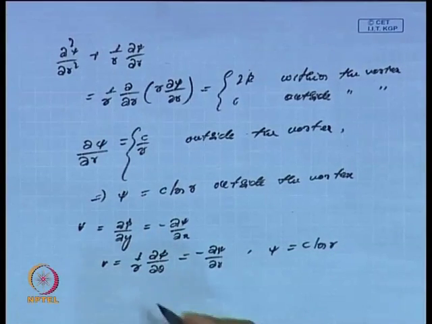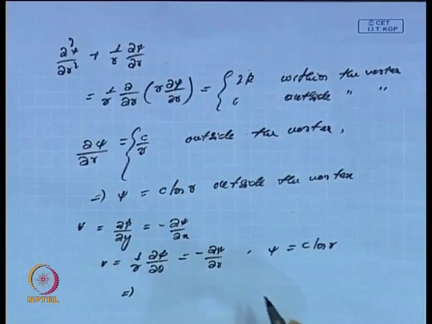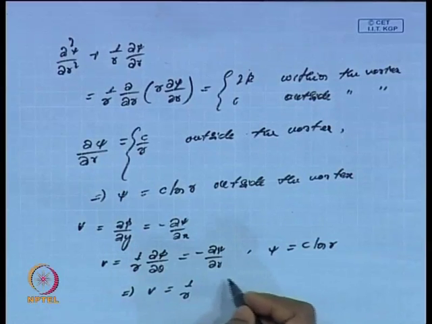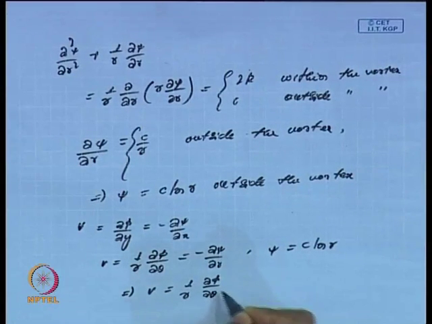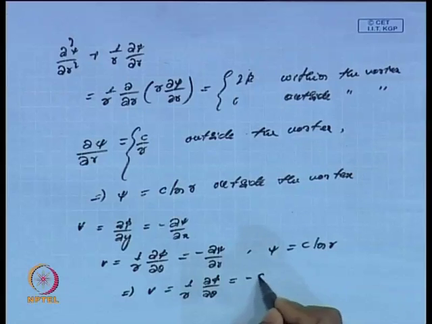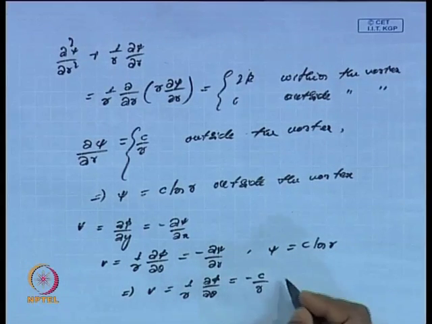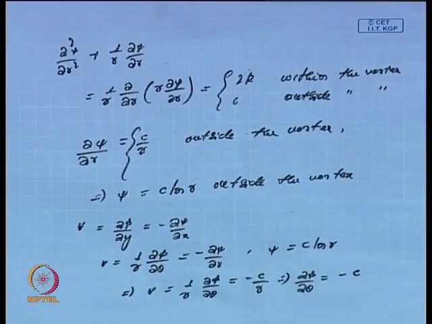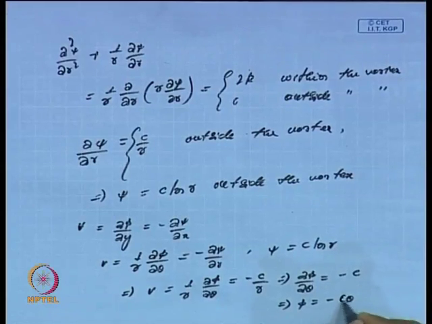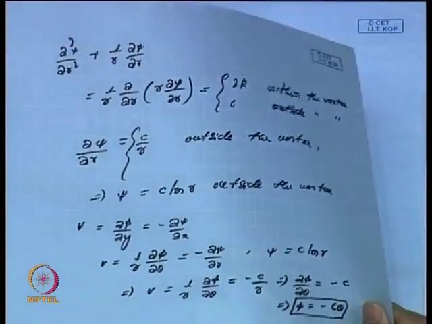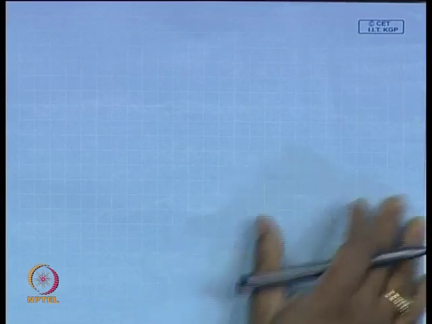So, that gives me 1 by r del phi by del theta is minus del psi by del r, that is minus c by r, and that gives me del phi by del theta is minus c, which implies phi is equal to minus c theta. So, this is another result.